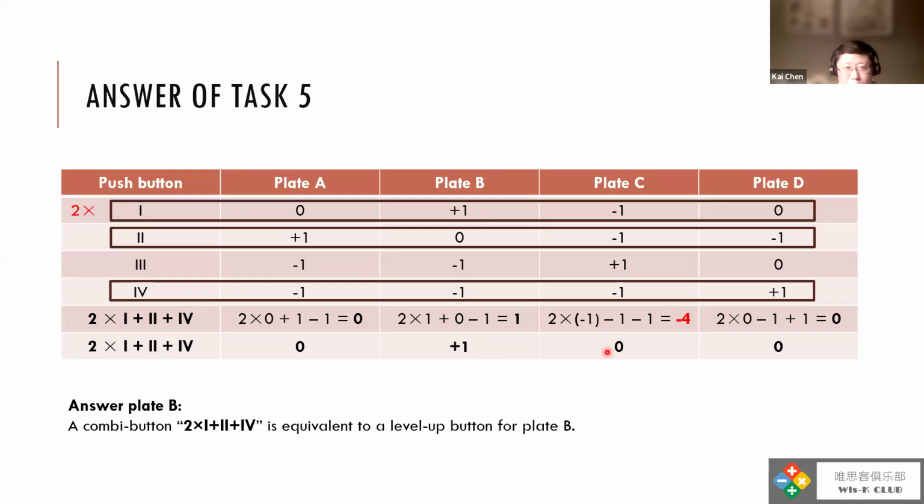Because we are talking about modulus 4. And place D is 0. So this combination will only level up B, with no change for the other 3 buttons.